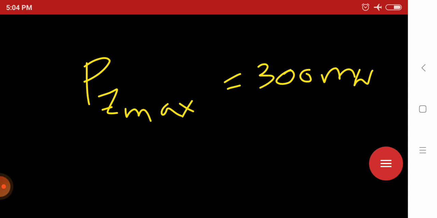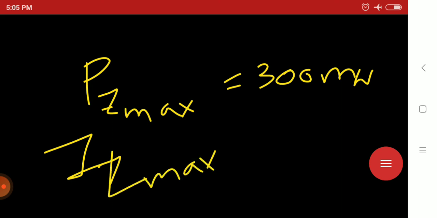Now in the question it is asked: what are the minimum and maximum load currents, IL minimum and IL maximum, that can be drawn safely from the circuit, keeping the output voltage V0 constant at 6 volt.